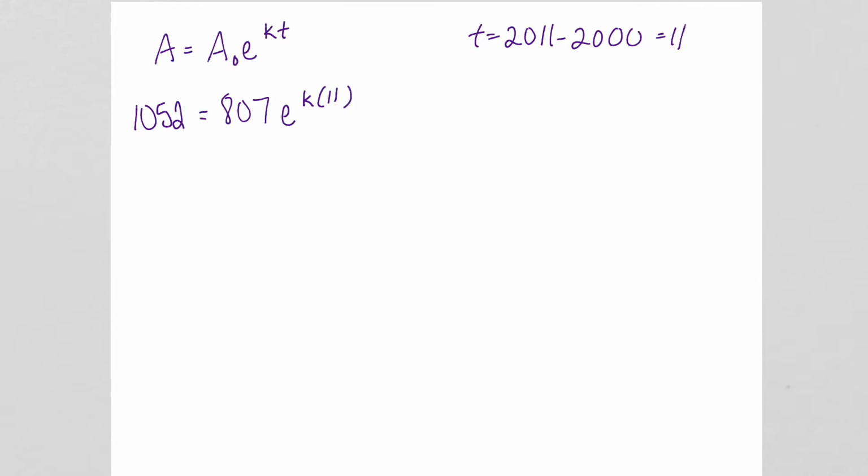So start by dividing both sides by 807, and I'm going to keep this as a fraction to prevent rounding error. And then how do we get rid of an e? We natural log both sides.